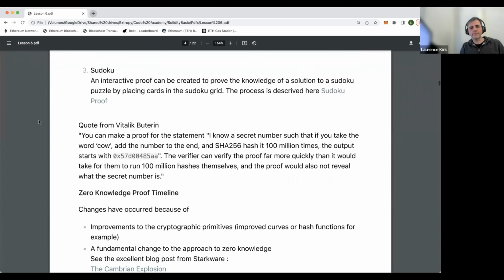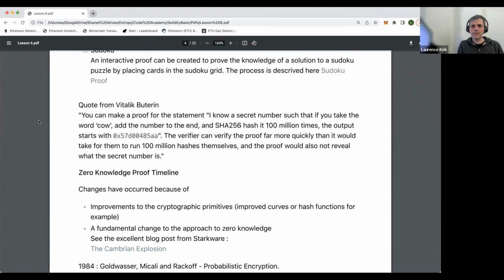And one use, aside from playing games, is to do with computation. If we concentrate more on the proof aspect, we can also use zero knowledge proofs to prove that computation has been done correctly.